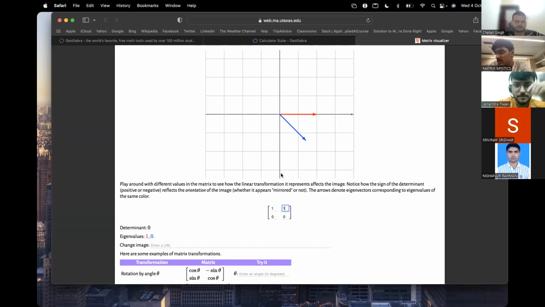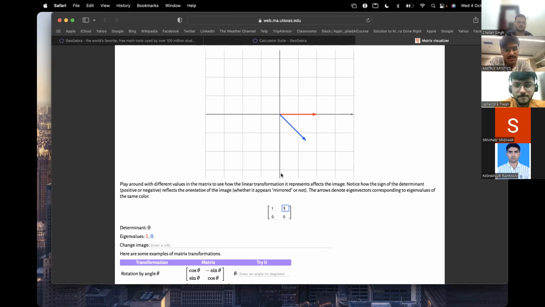It's actually going to the same direction with twice the scale, so (2, 0). Exactly, (2, 0) also goes to (2, 0).